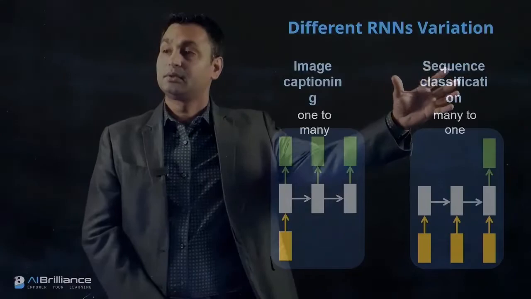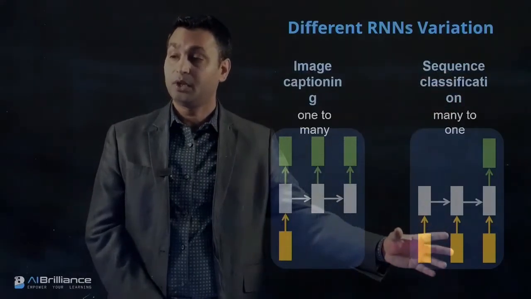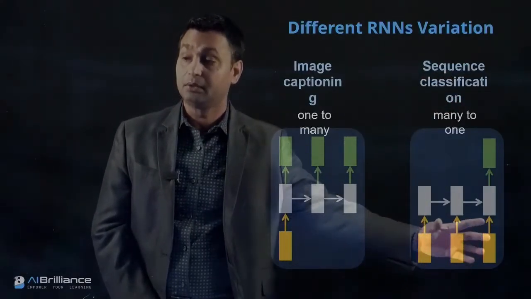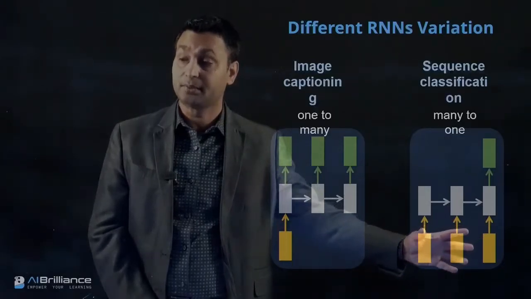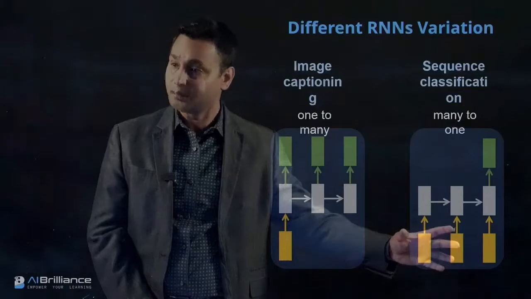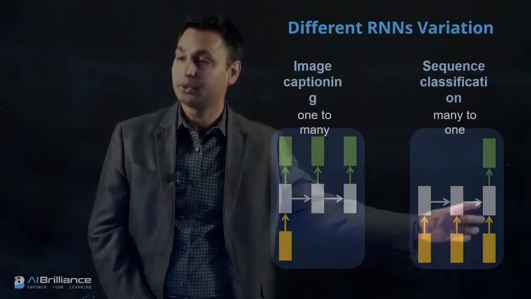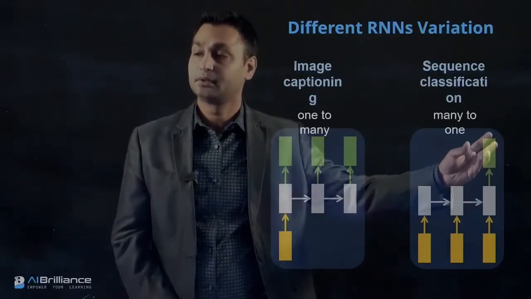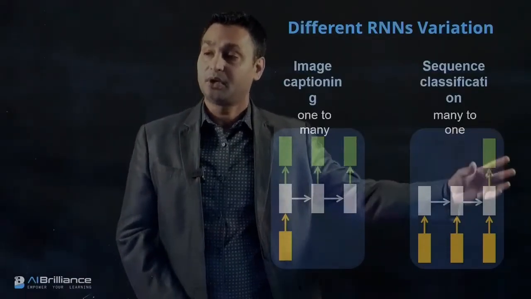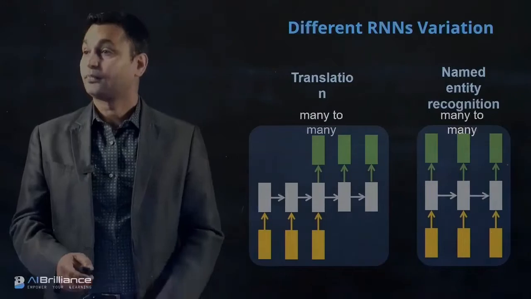The other one, sequence classification, is many to one, where we supply a sequence of words. For example, in sentiment analysis, a sequence of words was an input, and the output was a single thing, whether it is neutral, positive or negative.